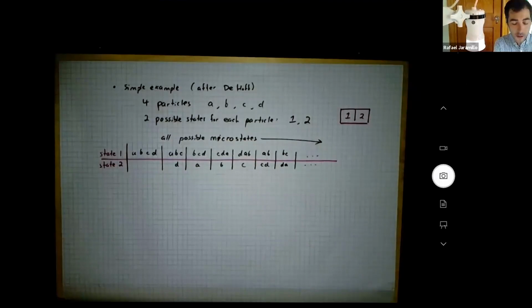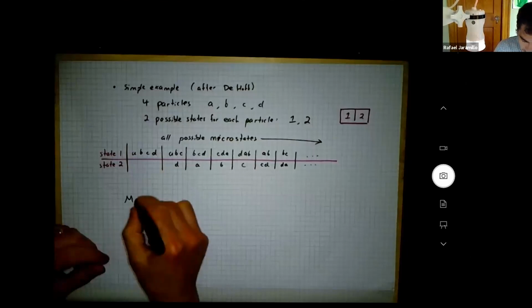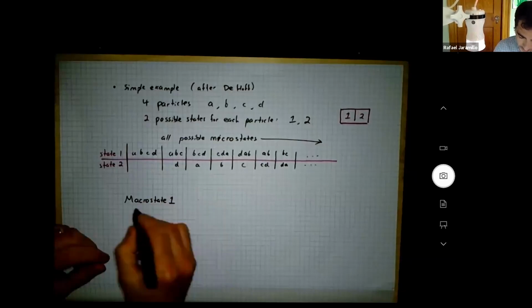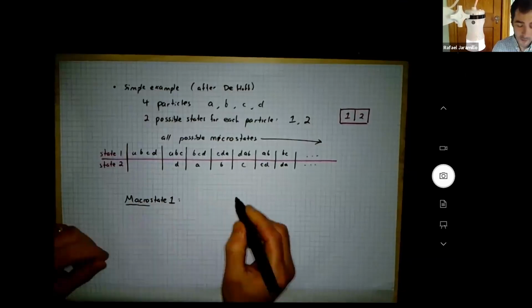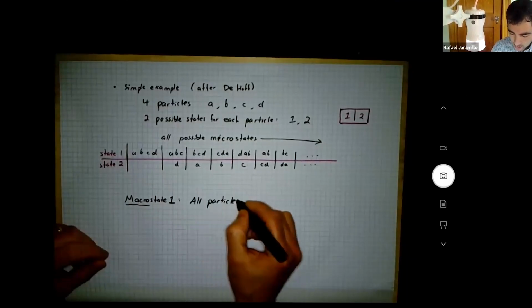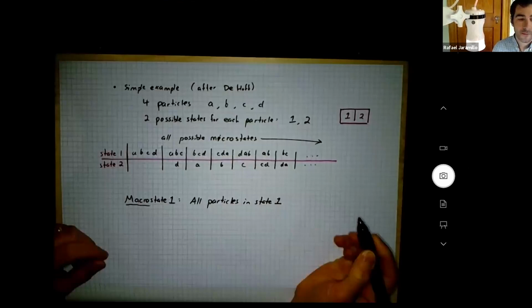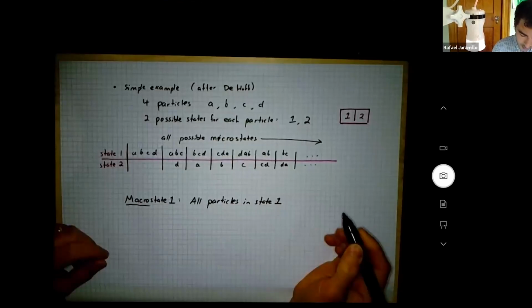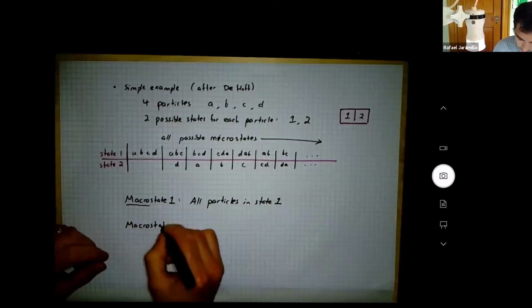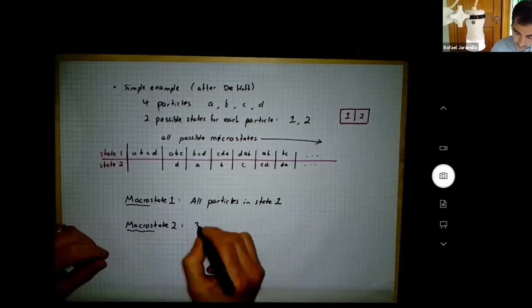So now I'm going to tell you what the macrostates are. Macrostate 1 is going to be something described as follows: all particles in state 1. Macrostate 2 is going to be 3 particles in state 1.